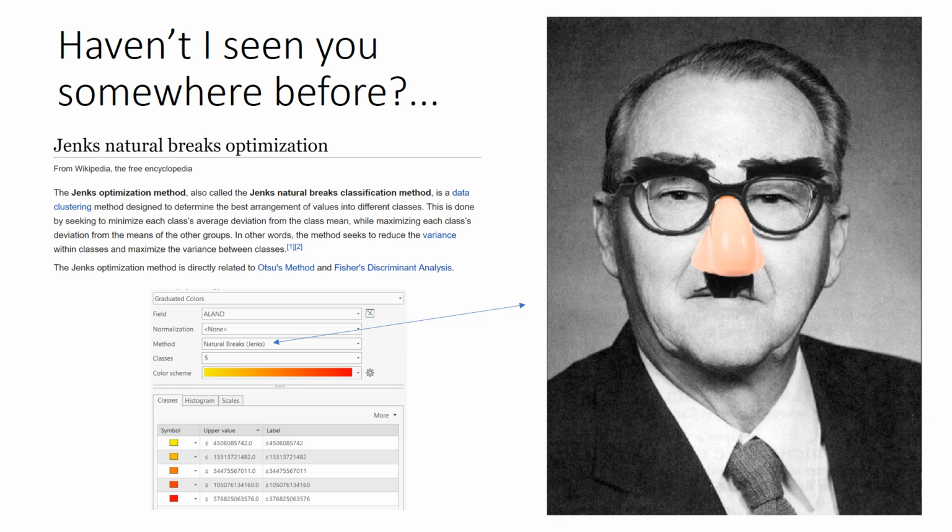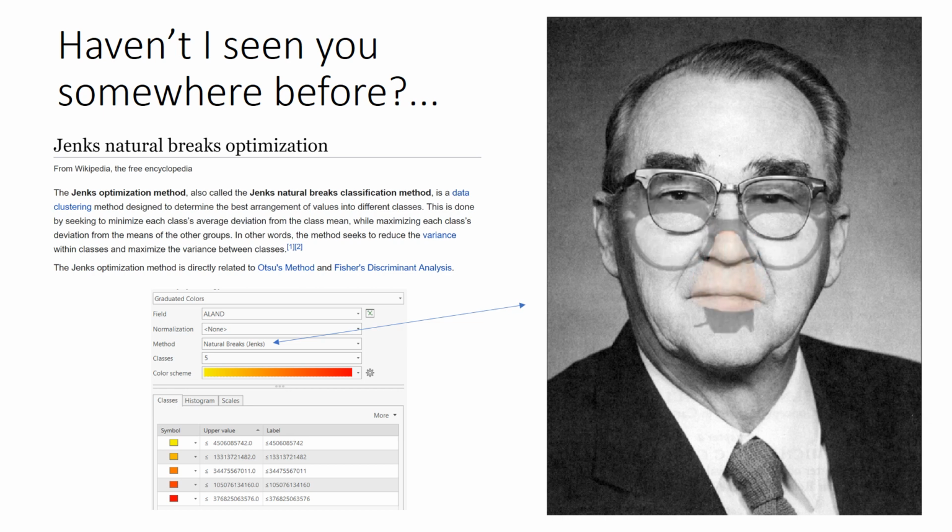It's really just trying to figure out where these class boundaries should be. Another way of putting that is what the class centers should be based on the data inputs. And of course, you have to give it the number of classes, and based on the number of classes that you give it, it figures out these class boundaries again to minimize the deviation within each class and to maximize the deviation outside of each class. Our good friend George Jenks strikes again.